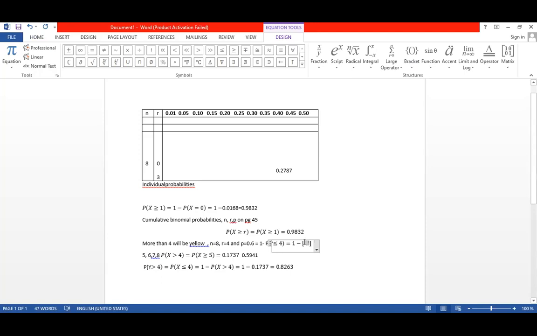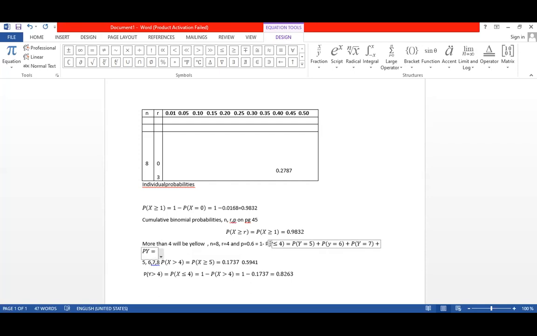So you did the probability of x equal to 5 plus the probability of x equal to 6 plus the probability of x equal to 7 plus the probability of x equal to 8. Not so? Yes. Let me be consistent here.